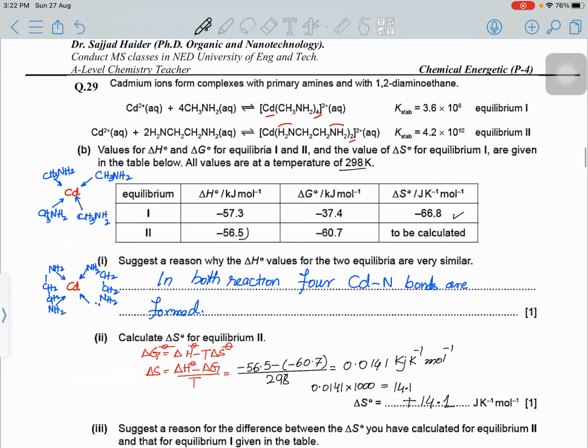So plus 14 is greater. Plus means increase, negative means decrease in entropy. So which one has increased entropy? As the entropy increases, stability increases. As you know, solid is more stable than gas.